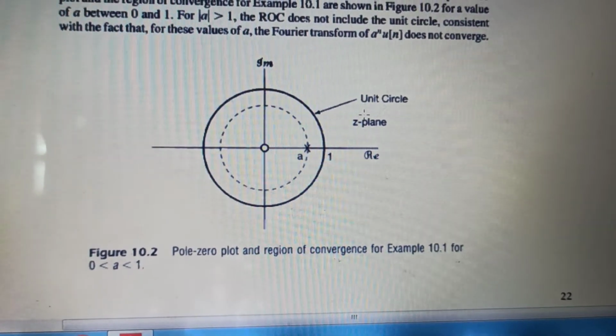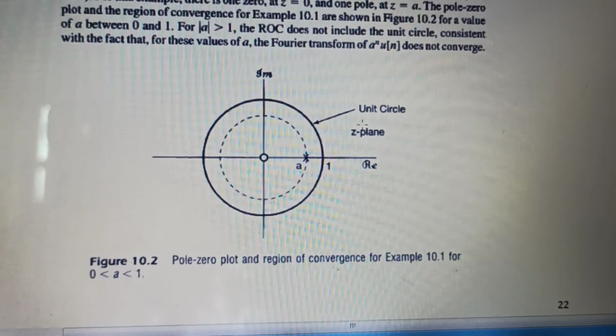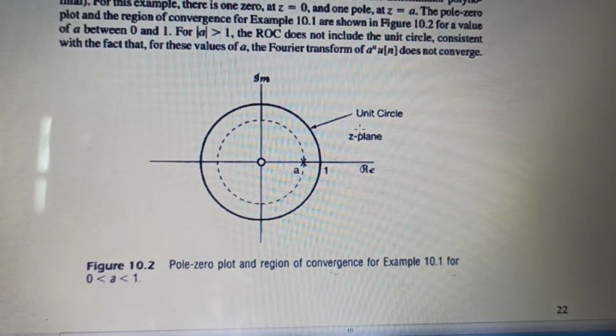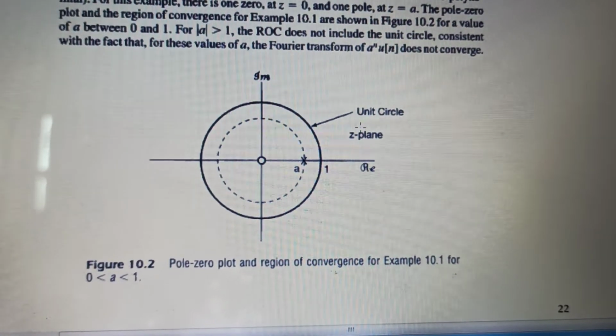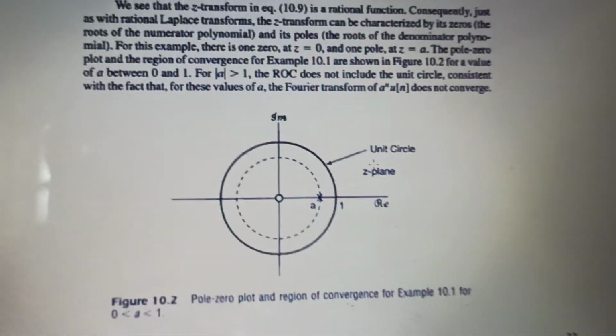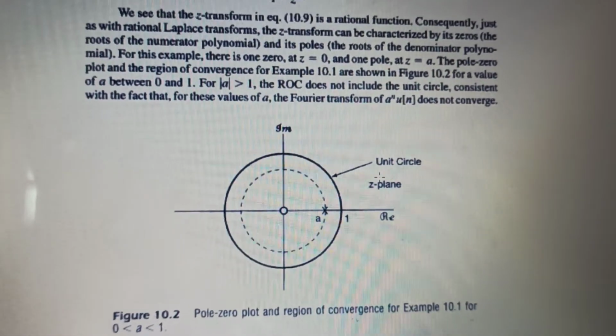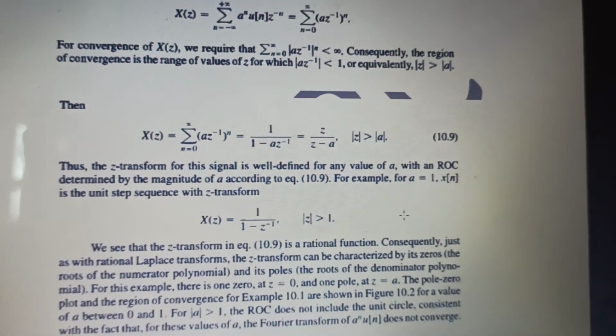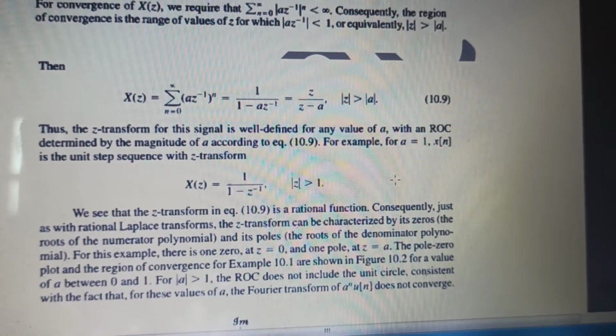Now nothing more is left to discuss. In this first article on the z transform, I had discussed the pole, the 0, the transfer function, the summation, and the ROC. One more thing. In this case, the ROC is always given in the form of mod of z greater than mod of a.